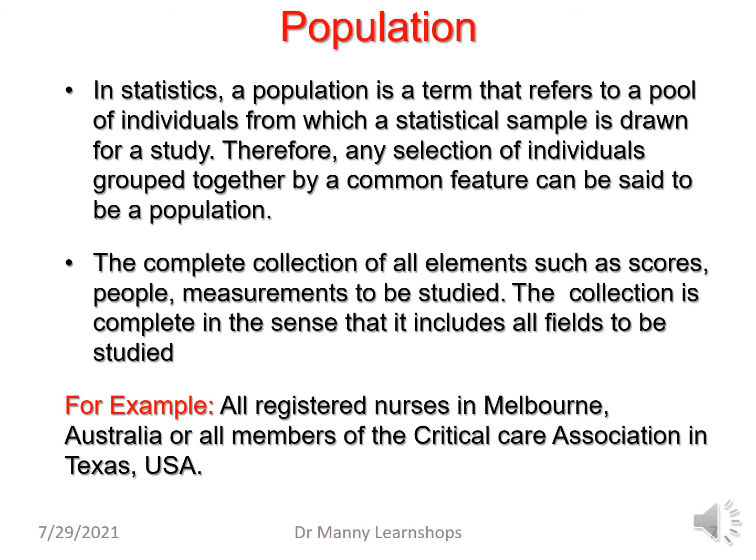The complete collection of all the elements, such as scores, people, measurements to be studied. The collection is complete in the sense that it includes all the fields to be studied. For example, all the registered nurses in Melbourne, Australia, or all the members of the Critical Care Association in Texas, in the USA.